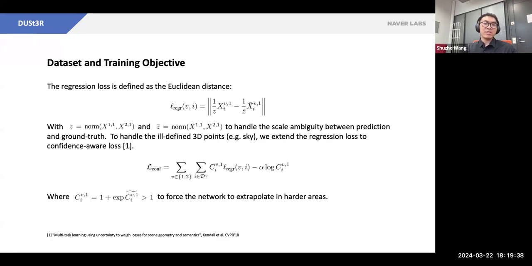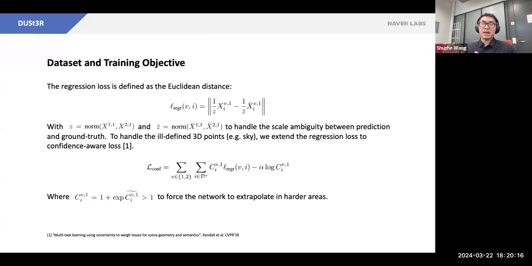Also, in order to handle ill-defined 3D points like the sky, we extend the regression loss to a confidence-aware loss, which was proposed in 2018 and has been shown to be efficient to predict the confidence map without any additional supervision. Here we force the confidence map to be positive, so that the network has to explore the harder areas.